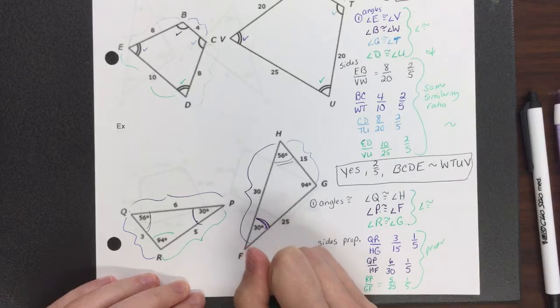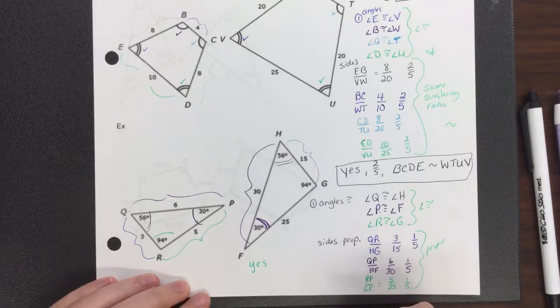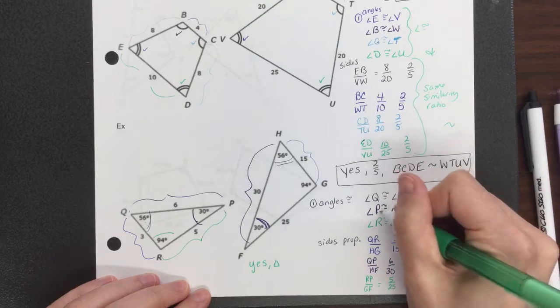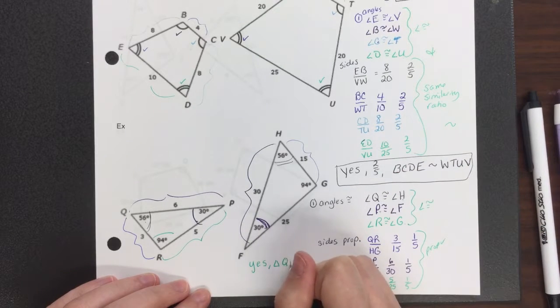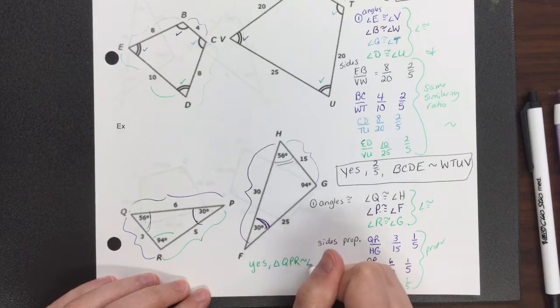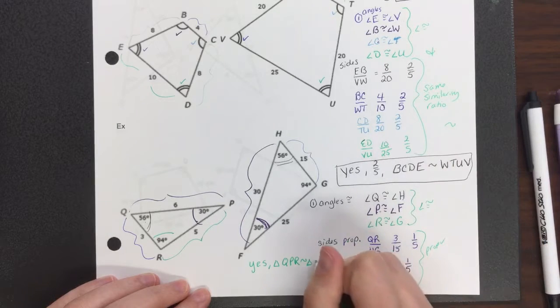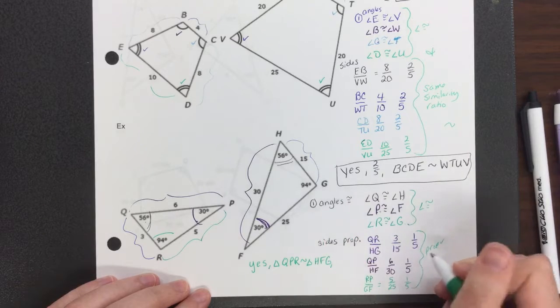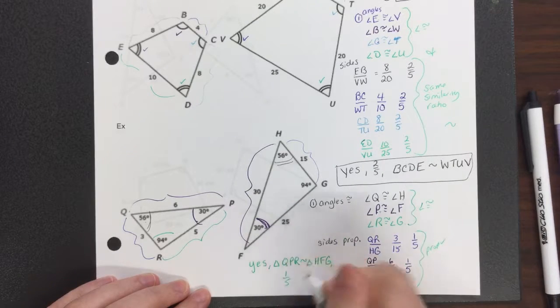So yes, they are similar. Our similarity statement is triangle QPR is going to be similar to triangle HFG, and their similarity ratio is going to be 1/5.